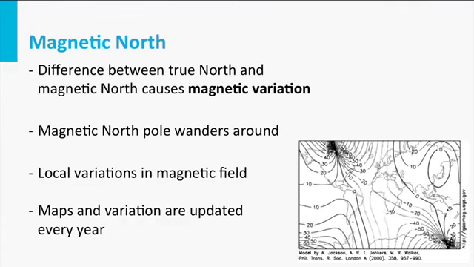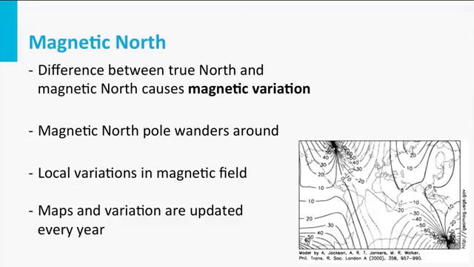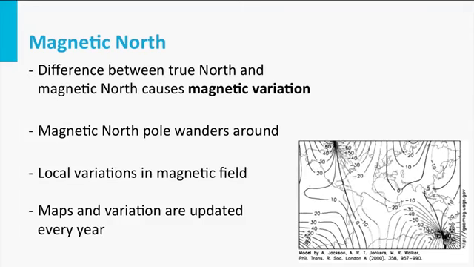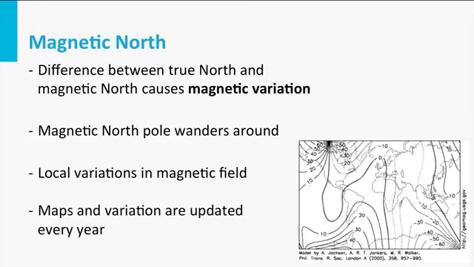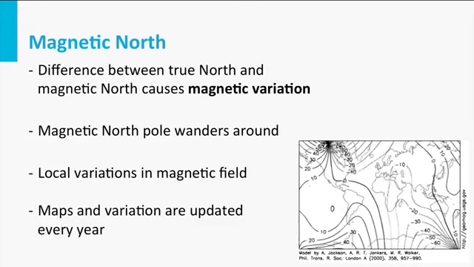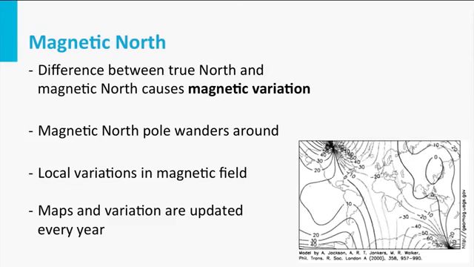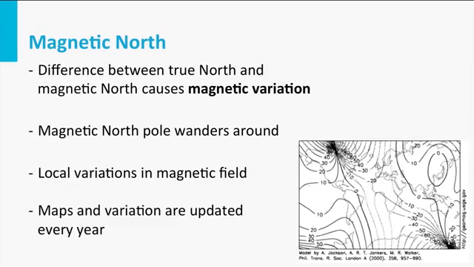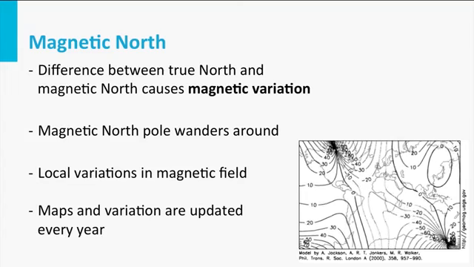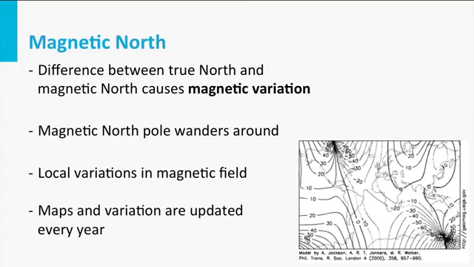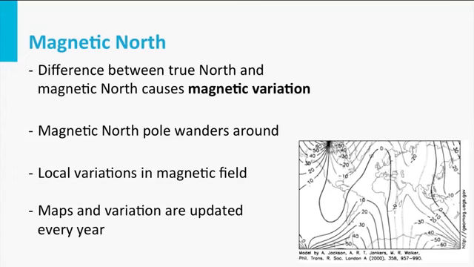It is not updated per day, but every year, so you have the latest information, and then for a year we use the same variation. And also the amount of iron in the crust determines local variations, and all these patterns and this iron mean that there are different variations in different locations.